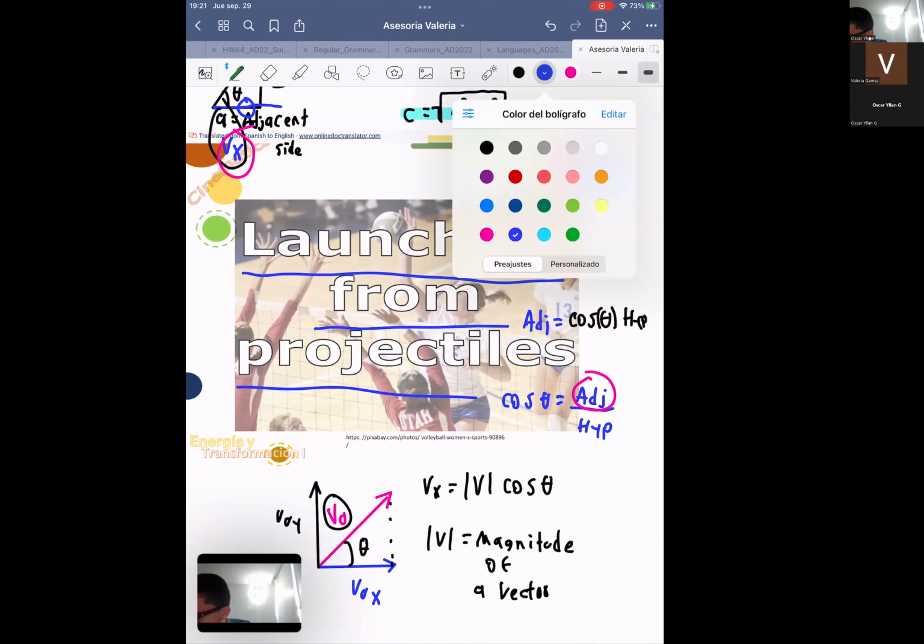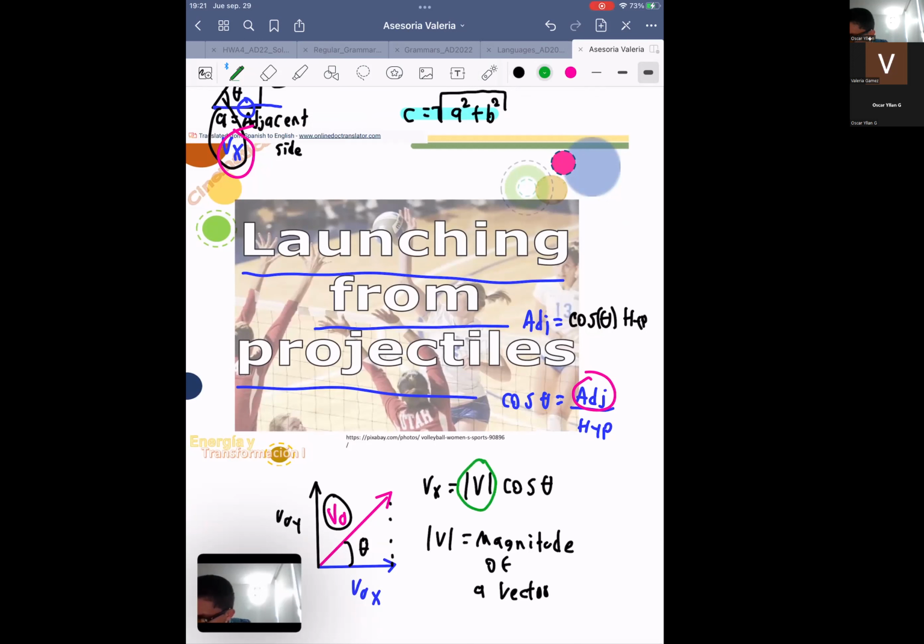So for getting bx, we take the magnitude times the cosine of the angle. And for getting by, it's almost the same, but this time it's the magnitude times the sine of the angle.